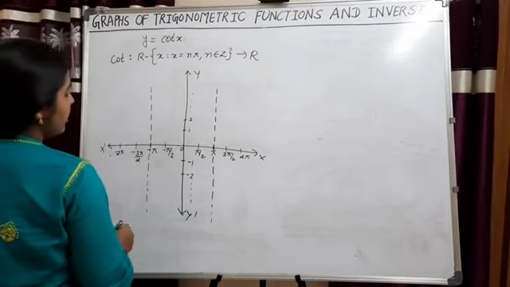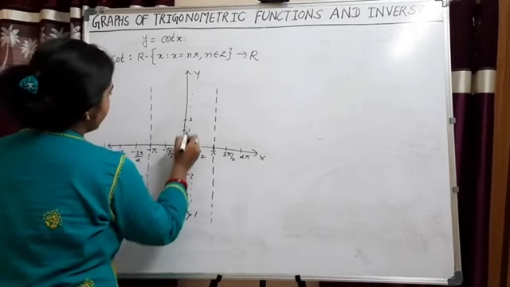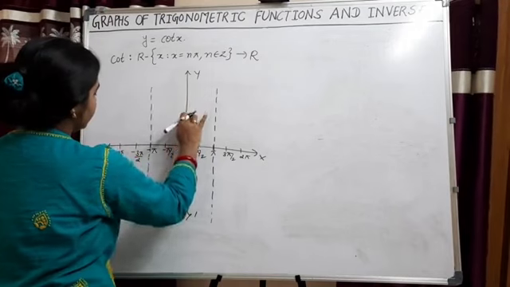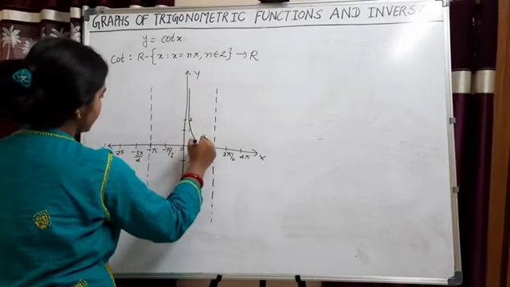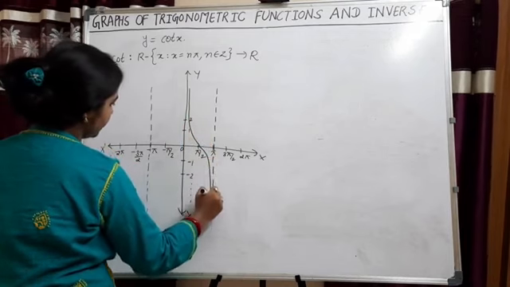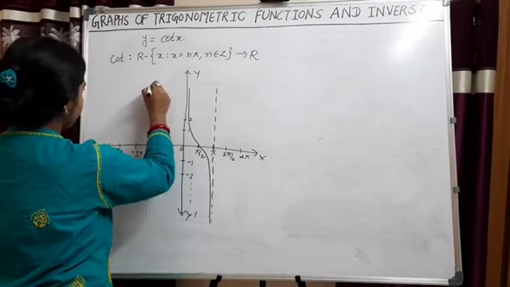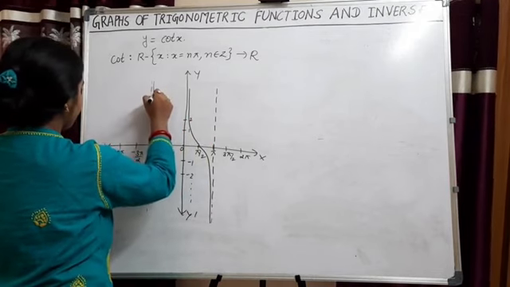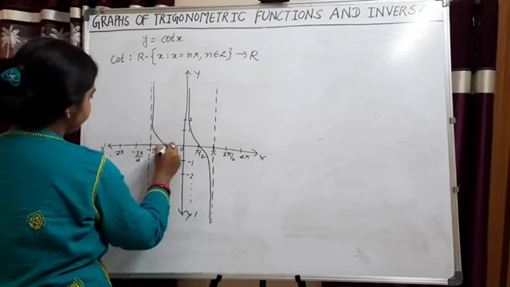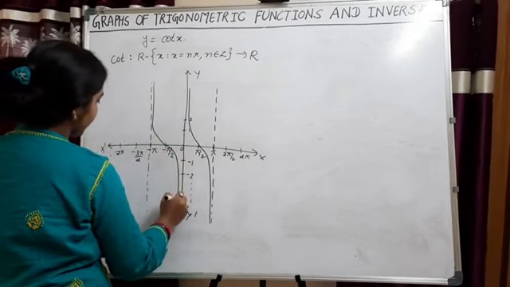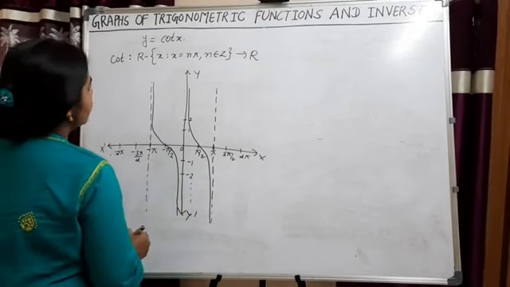So we will draw the graph for this. For showing infinity, we always have to take a parallel line. So it will be the graph of cot x.